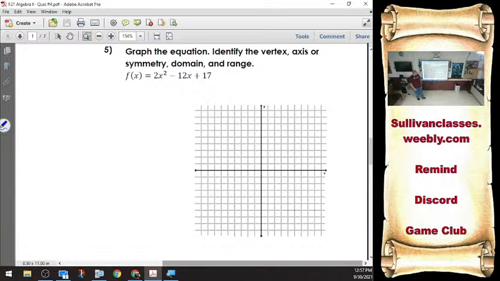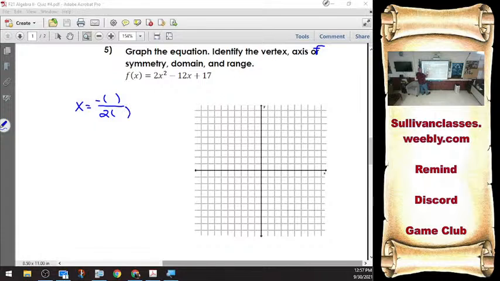Graph the equation, identify the vertex, axis of symmetry. Not axis or symmetry, axis of symmetry. Domain and range. To find my axis of symmetry, we just did this for a daily quiz. -b over 2a.